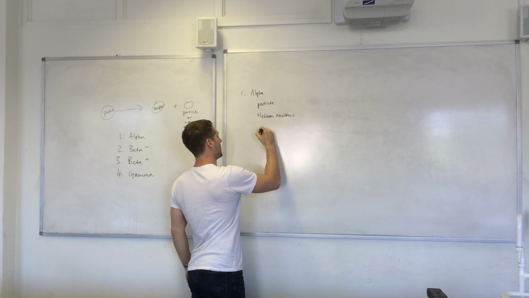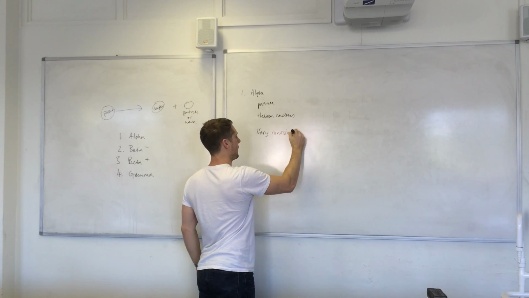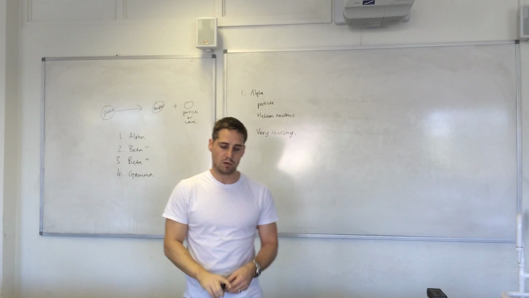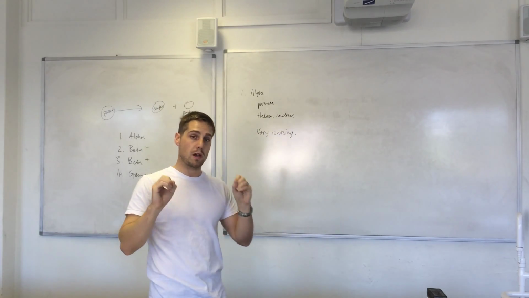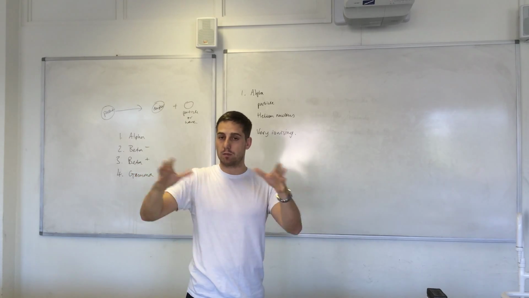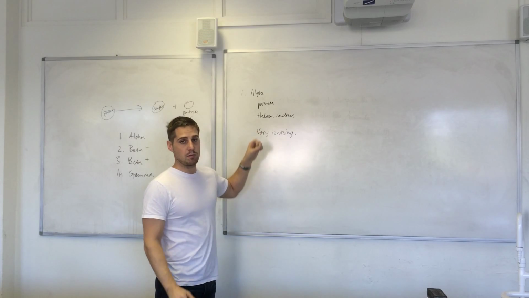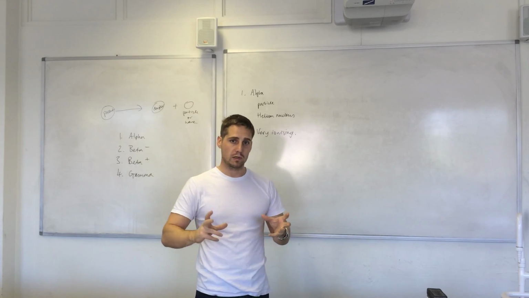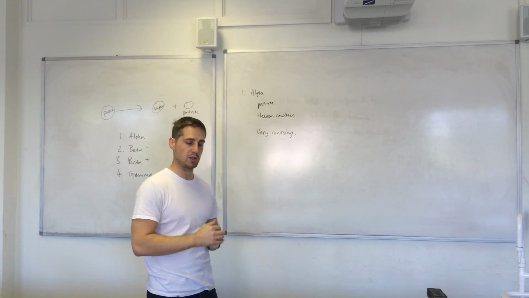It's very ionizing. So when we talk about ionizing, we're talking about the ability of this particle to turn atoms around it into ions. Because it's this helium nucleus, it's got these 2 protons there. It's got a +2 positive charge in terms of the elementary charge.